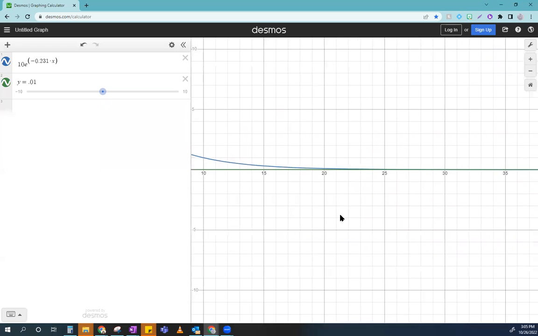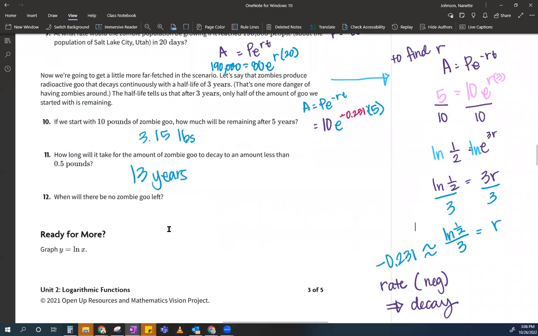I don't know, it was here somewhere. There it is, right there. So about 30 years would be a pretty good answer. You're just saying, hey, Miss Johnson, I'm not going to measure anything less than 1/100th of a pound. I think we're good. Think about how small 1/100th of a pound is. Very good work.